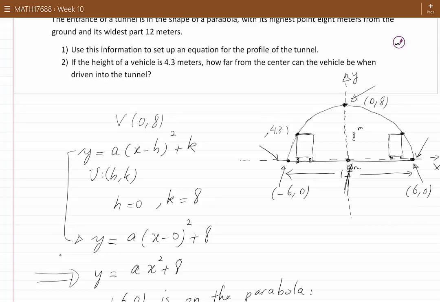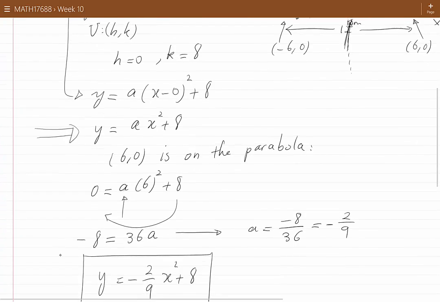I call this D. Now, this point, the point of collision, is on the parabola. Therefore, its coordinates, which are D and 4.3, satisfy the equation of the parabola.